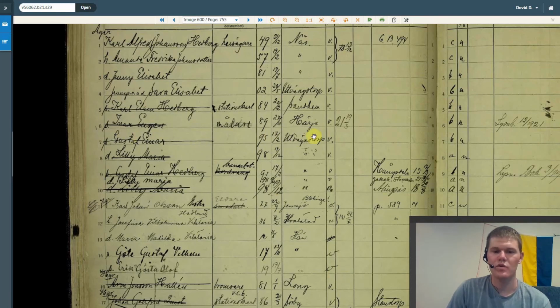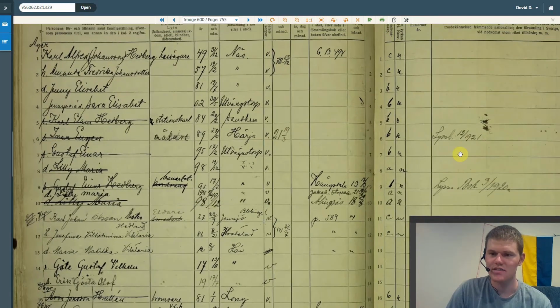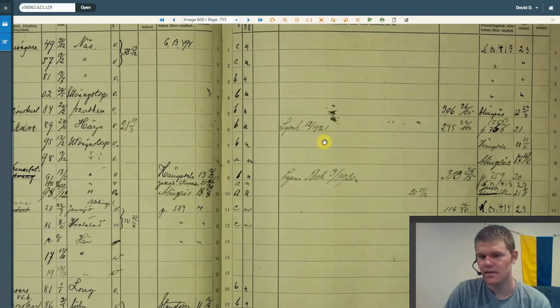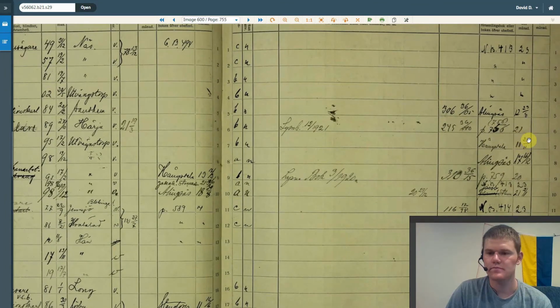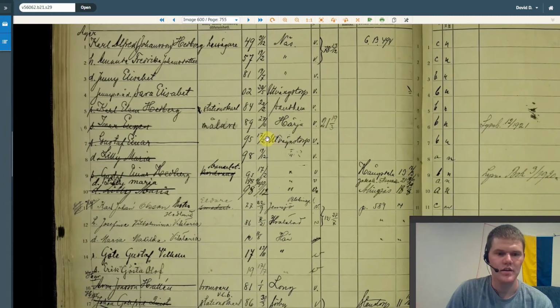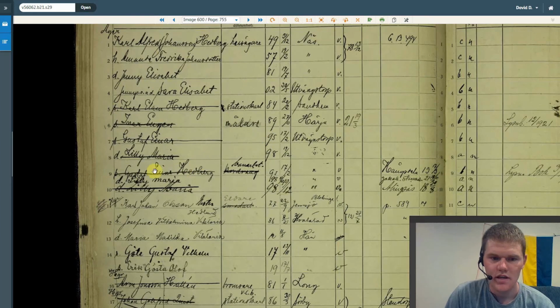And so if we go over to the moving out part, we see that he moved out to somewhere in 1911, and then he moved back in to the same village in 1913 when he's down here. And so that is one example of when they are written twice on the same page. So it is the same person.